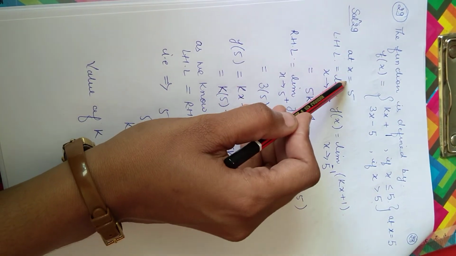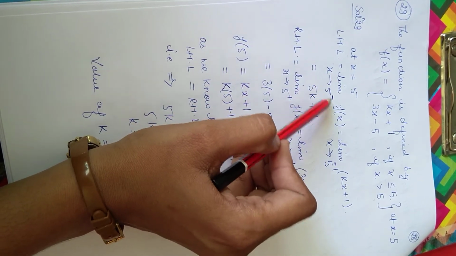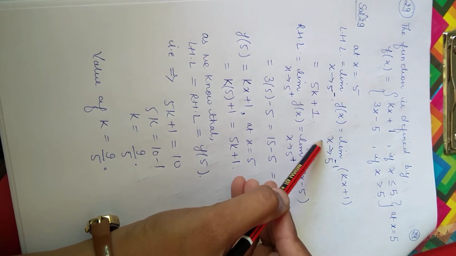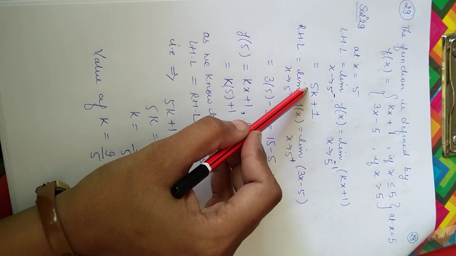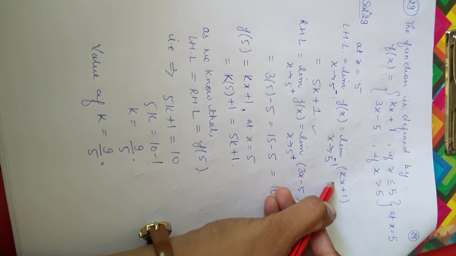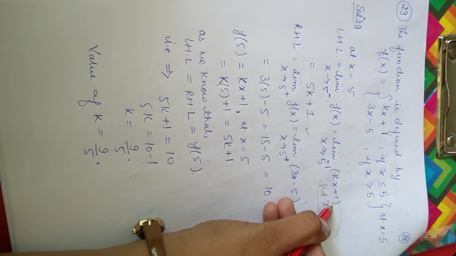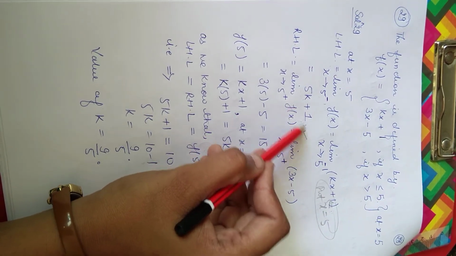So at x is equal to 5, your LHL will be limit of x tends to 5 negative of f(x), that is kx plus 1, and you get 5k plus 1 here. How 5k plus 1? In this function we have put x is equal to 5, so I have got 5k plus 1.